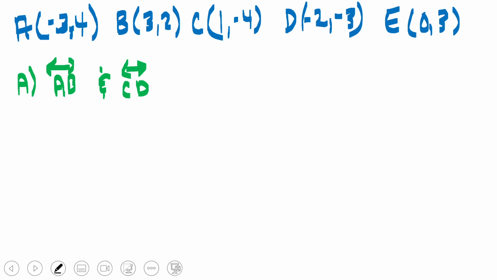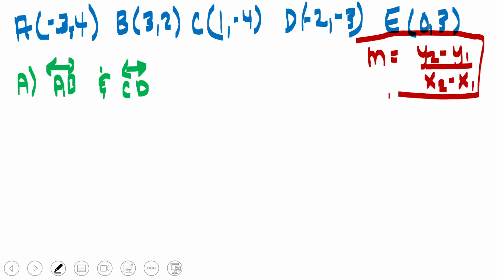So our slope formula, just for reference over here, m is y2 minus y1 all over x2 minus x1. Notice that when we do midpoint, it's a capital M. When we do slope, it is a lowercase m. Just a math rule. Try to remember that detail. So we have our slope formula to work with.